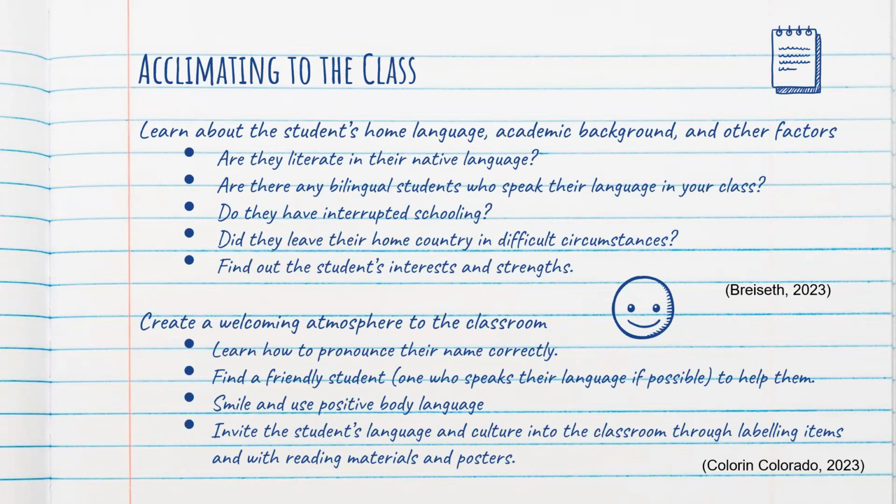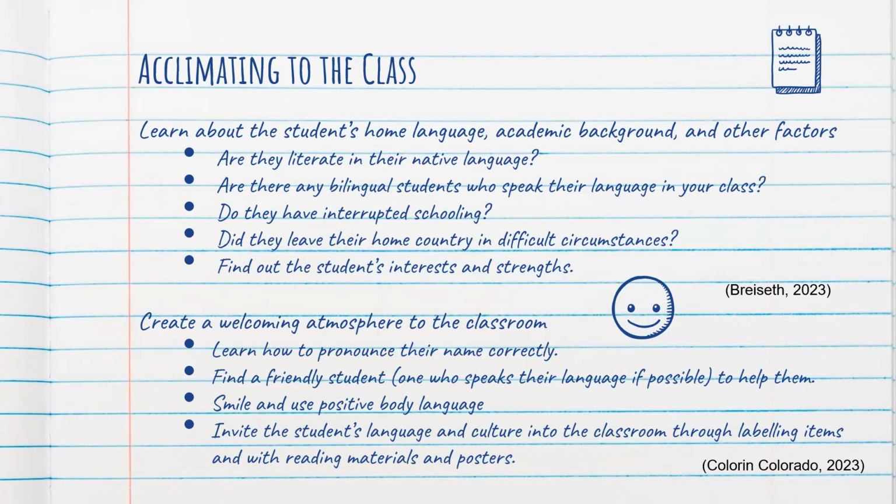So when they communicate, they type it in and they are able to communicate and make friends. Next, be sure to smile and use positive body language. You want the new student to feel that they are welcomed into your classroom, and that is a big key.